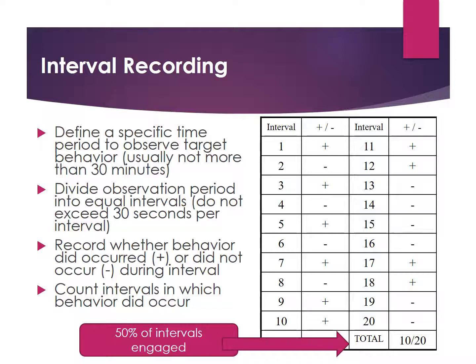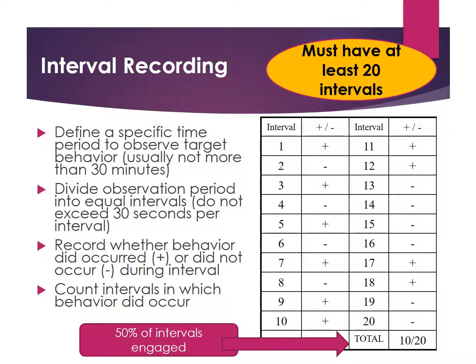So if my intervals are 30 seconds in length, with partial interval, that first interval would tell me that at some point the student engaged in that target behavior, even if it was only 1 second of that 30 seconds, and I'm going to put a plus in that first interval. If I'm using whole interval and I look at this recording sheet, this tells me that the student engaged in that particular behavior for the entire 30-second interval. That's what a plus is.